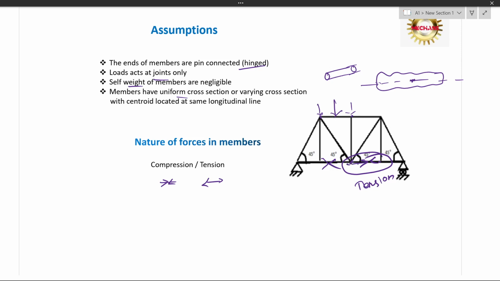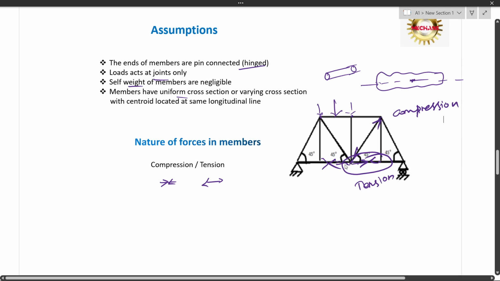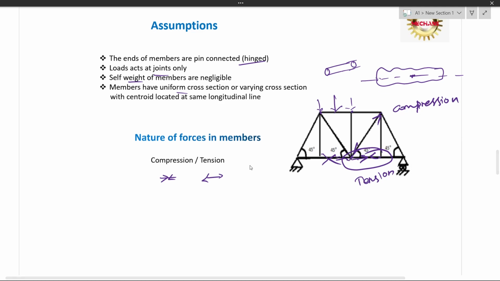So it's going away, so it's tension. If some force acts like this, going inside, towards a point, that's compression. Actually, it's not a very important thing, because while calculating we will know whether it's compression or tension. This is just to understand the basics.